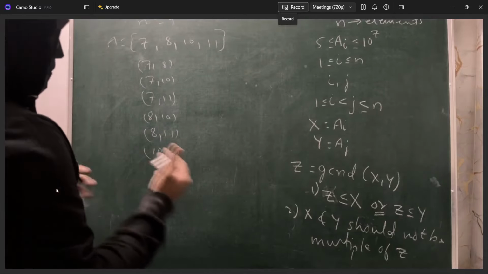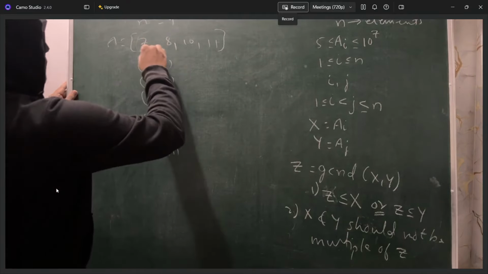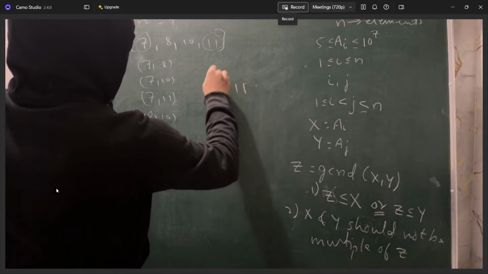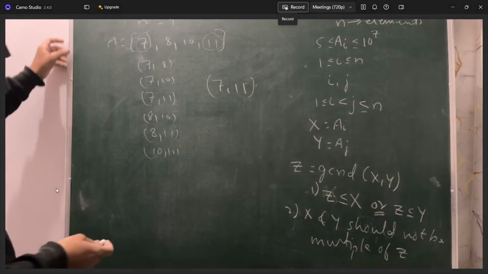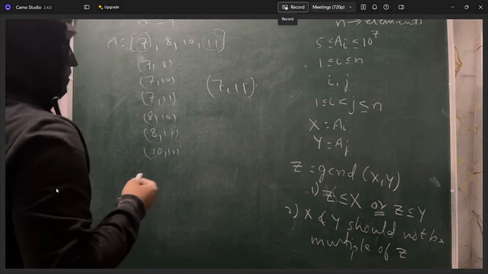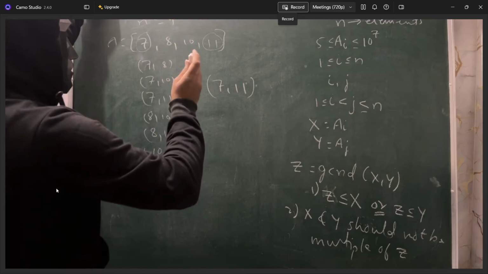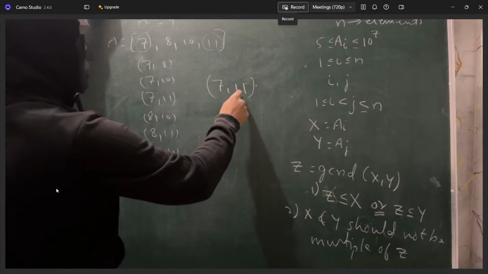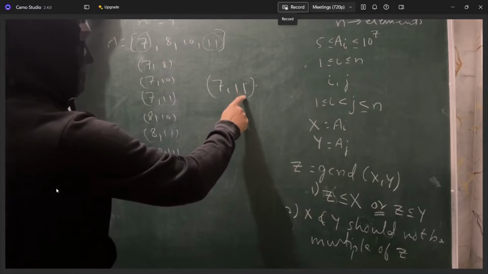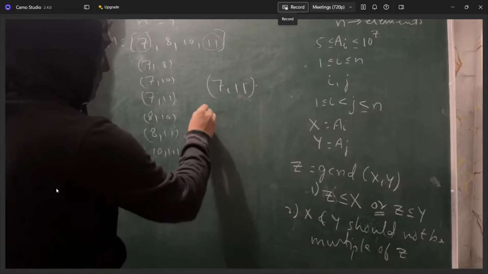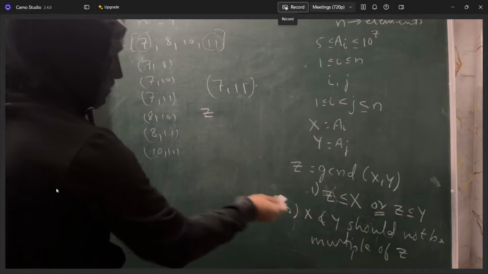So now what I'll be doing is taking the lowest element and the highest element. I'll try to find the GCD of these two, 7 and 11. Why am I doing this? Because what you want is the maximum z. So if you want the maximum z, you will be taking the maximum number. Because you will find z according to the first condition.